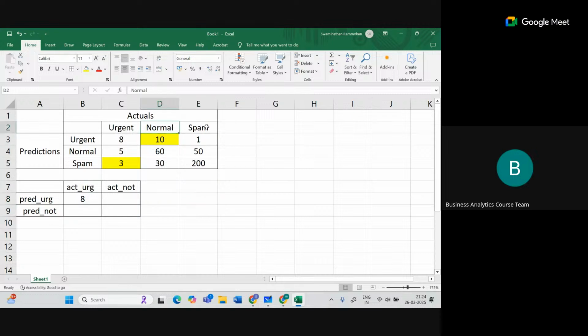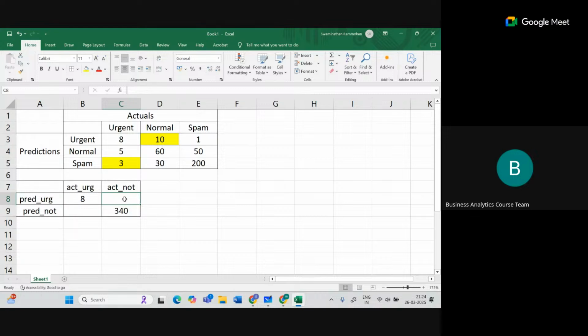Normal and spam, these two will be not urgent. So what would this one be? That would be 60 plus 50 plus 30 plus 200. Yes, very good. It is the sum of all these four, since both normal and spam are not urgent.